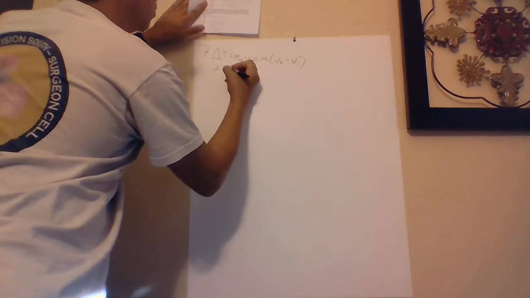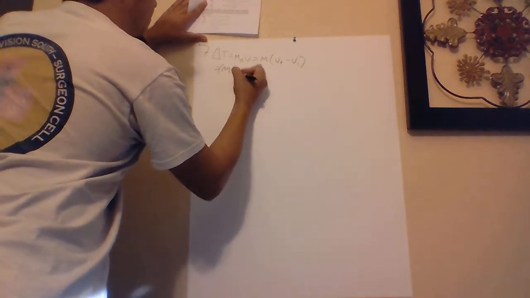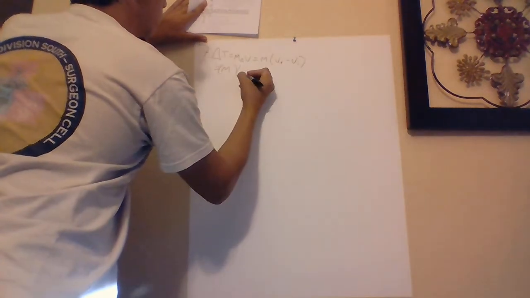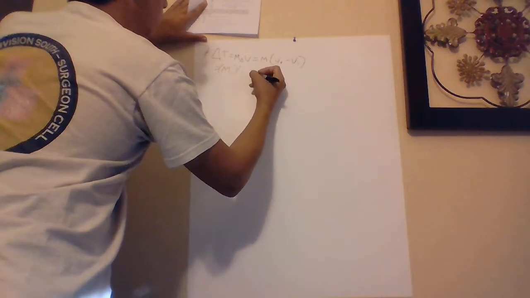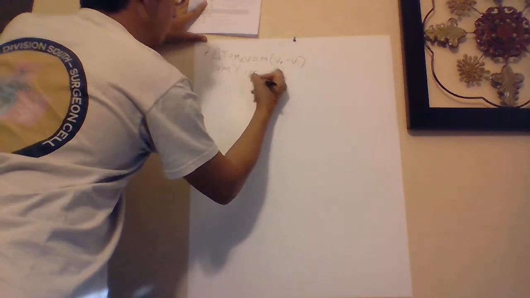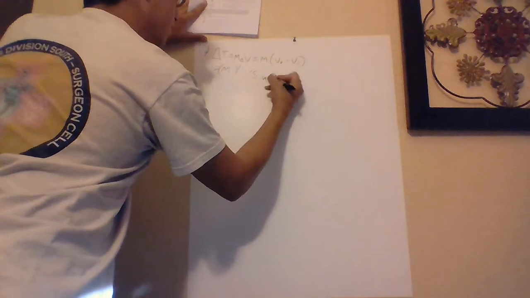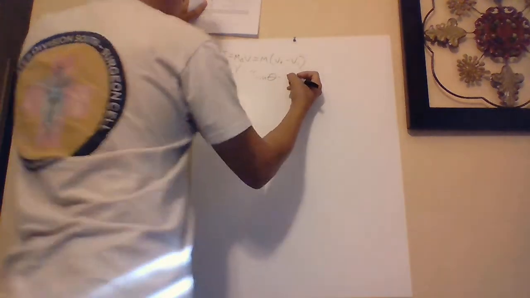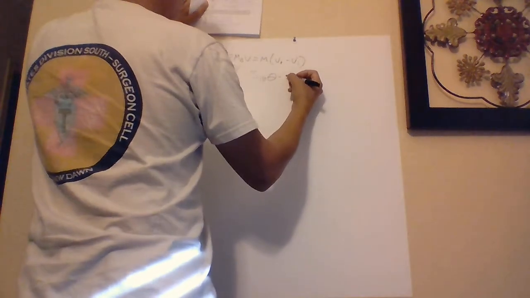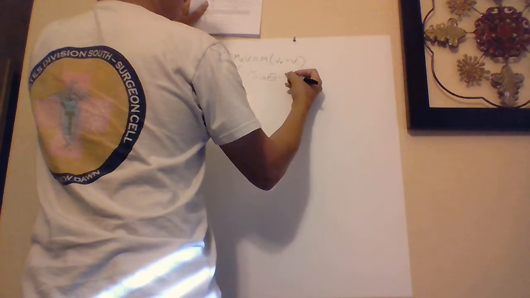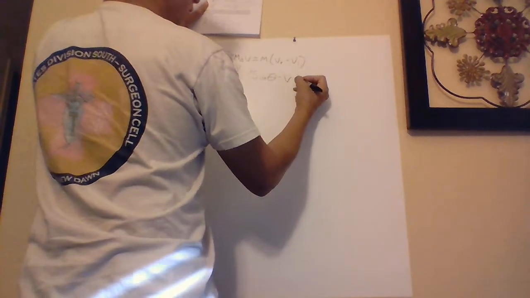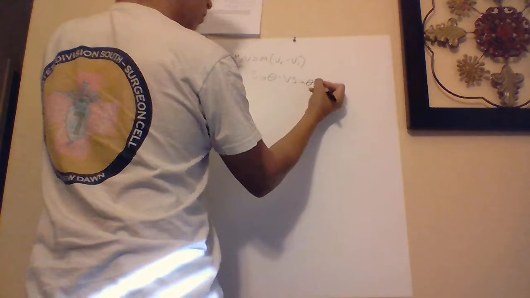So equal to mass times negative velocity sine of its angle minus velocity sine of its angle.